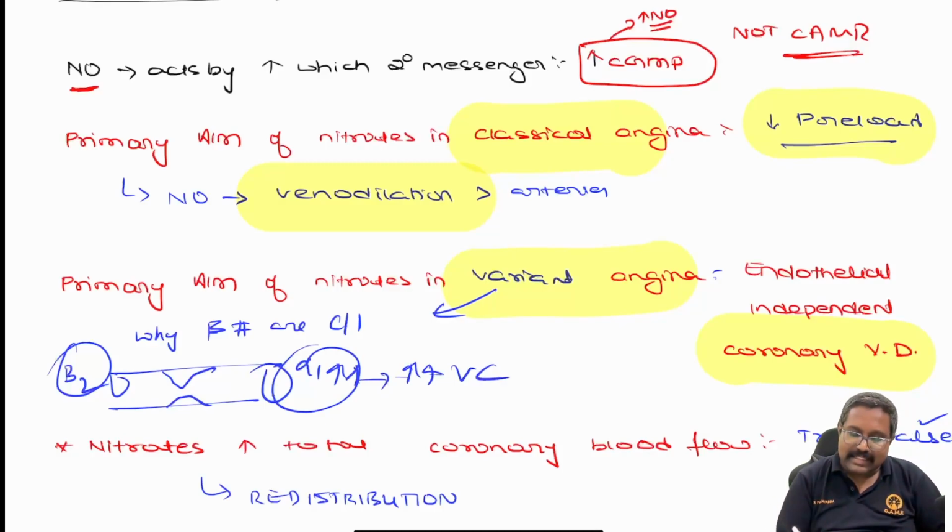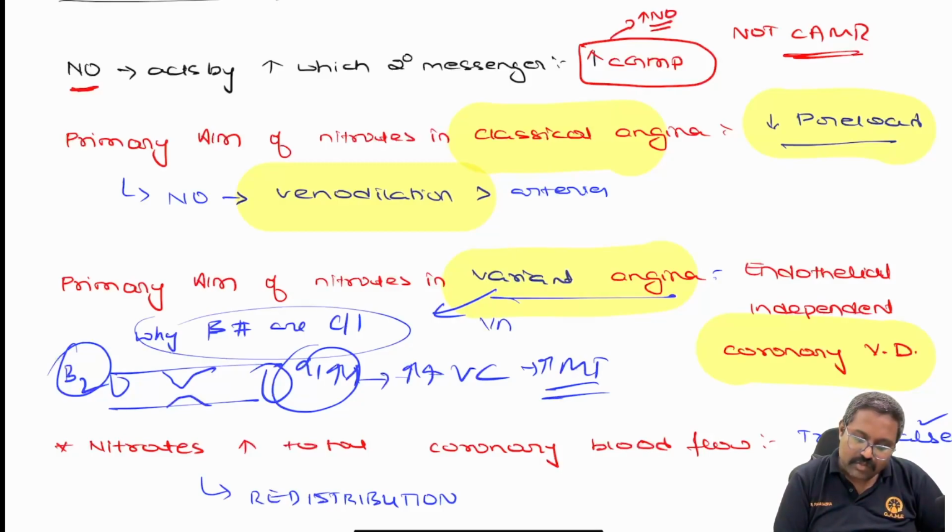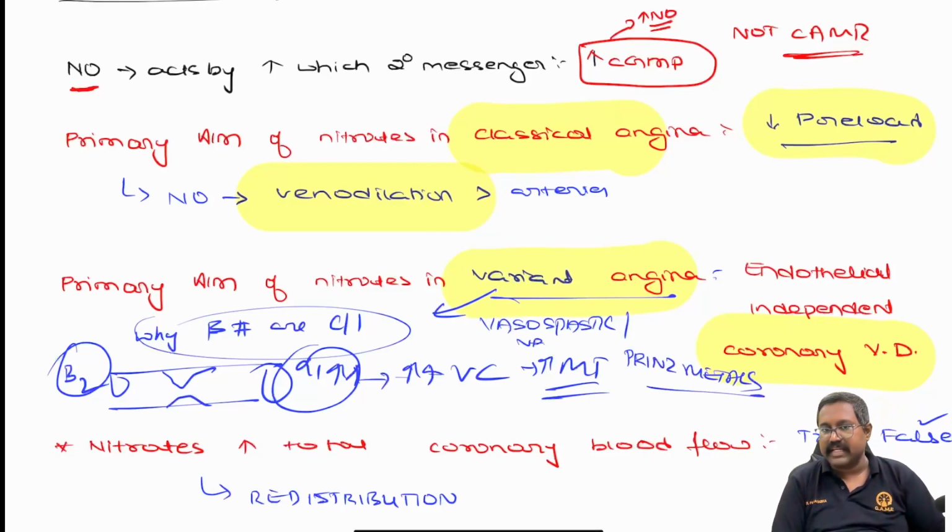It can precipitate MI. So you avoid using beta blockers in variant angina, which is also called vasospastic angina, or Prinzmetal's angina.